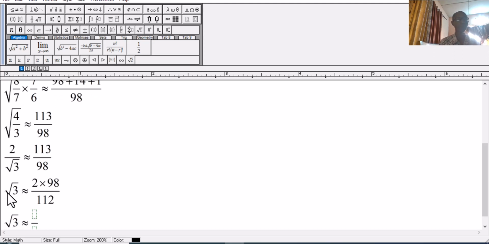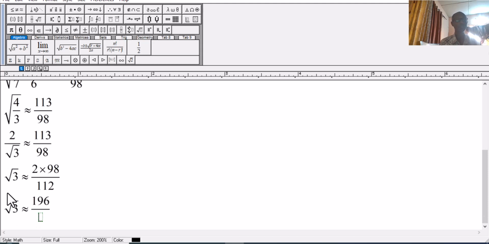If you multiply that, that will give you 6, 1, 9, 6. Then this is 3, and then 1, 1, 3. So this is our approximate value for root 3 using the value we are given.